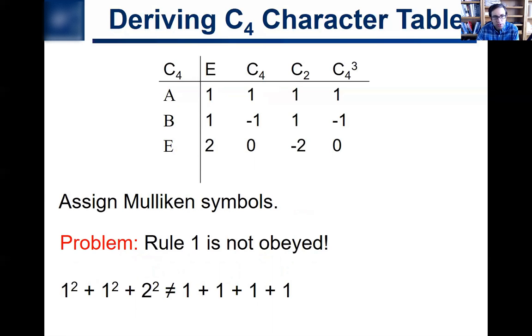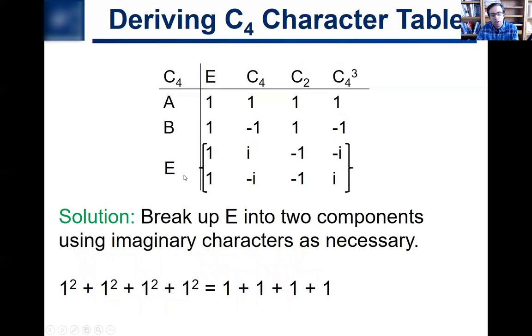The problem though is if we check our 4 rules, you'll quickly see that rule 1 isn't obeyed, right? Rule 1 tells you that the sum of the squares of the dimensionality has to equal the order, and the order is 4, because we have 4 symmetry operations. But 1 squared plus 1 squared plus 2 squared is 6. So the only way mathematically to overcome this problem is to use imaginary numbers and break E up into 2 components.